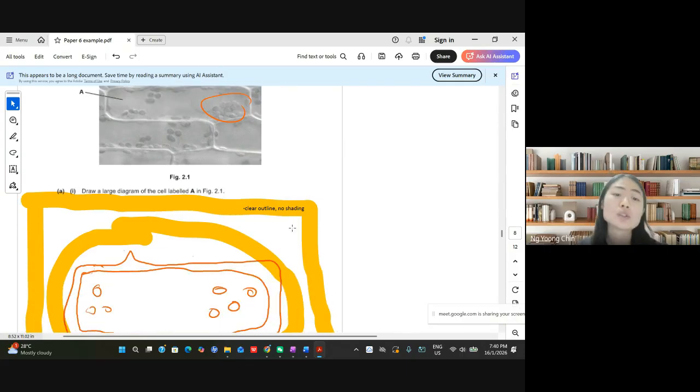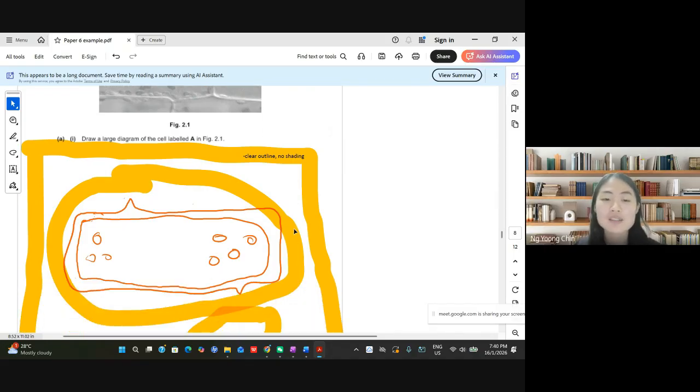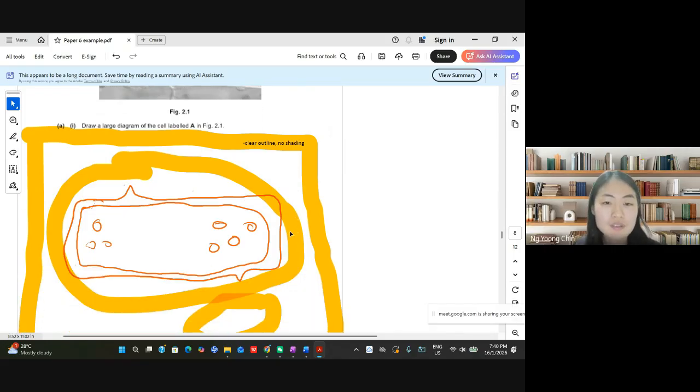So that's why you just need to draw a clear outline. Use a pencil. And also remember to use a pencil, okay? Don't use the pen, because if you draw wrong, it's very, very troublesome. Use pencil to draw it. Even though you draw wrong, or you feel not satisfied, just erase it. Redraw again. So usually they will just use pencil for these sections.